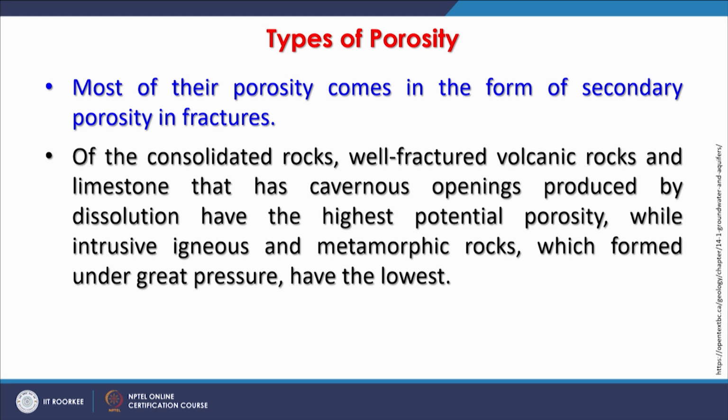Whereas in consolidated hard rocks, well fractured volcanic rocks and limestone have cavernous openings produced by dissolution. If solution activities are there, then obviously the porosity is going to be high.